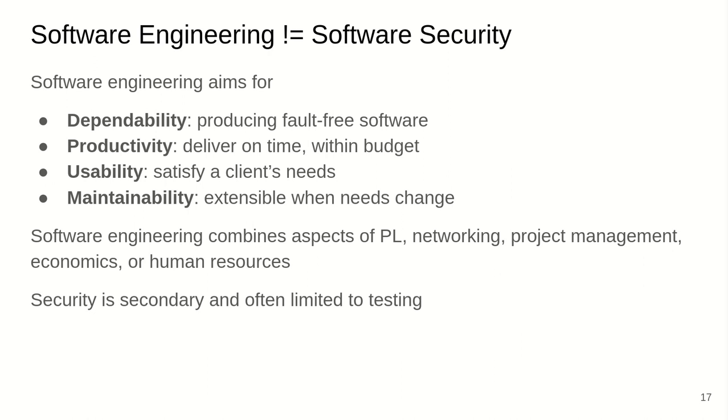Software engineering combines aspects of programming languages, networking, project management, economics, and human resources. In standard software engineering, security is often secondary and frequently limited to some form of testing.